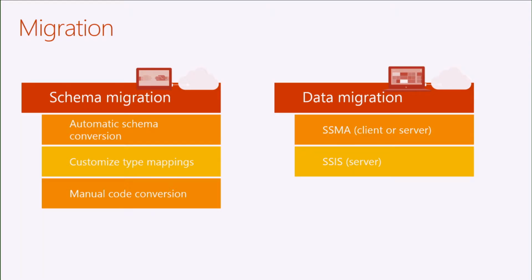SSMA was able to show you the schema conversion, and it can actually create that schema in 2016 for you. Oh, that's very useful. Let me show you how to do that, and then we can get into data migration.